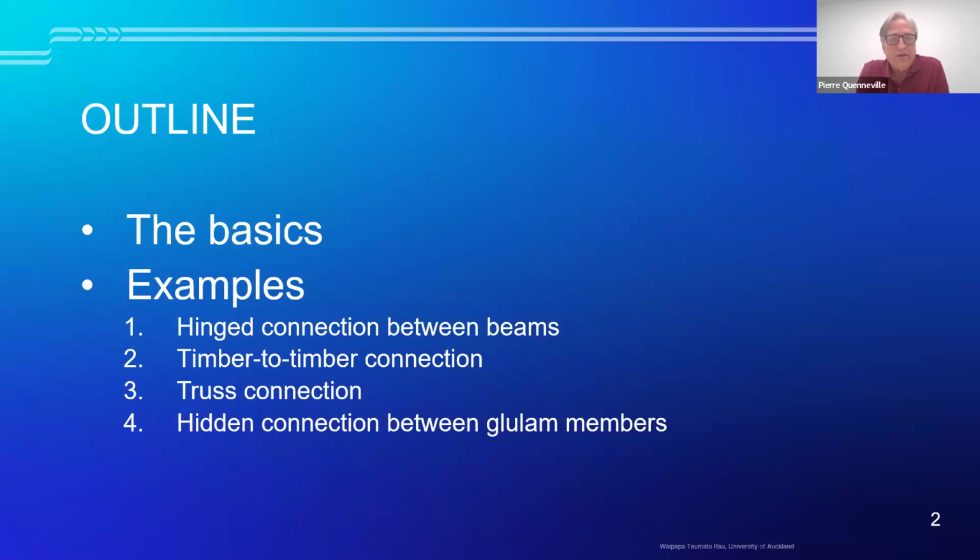So I will cover some of the basics of connection design, just an overview of what I'll be talking about in the examples. There are 4 examples, and they're all different in terms of what they involve in terms of timber behavior, connection failures, and steel design.